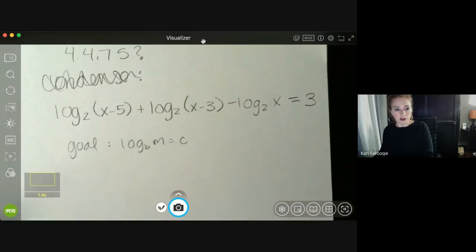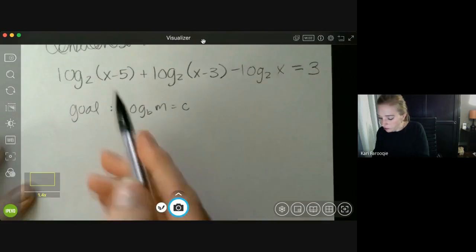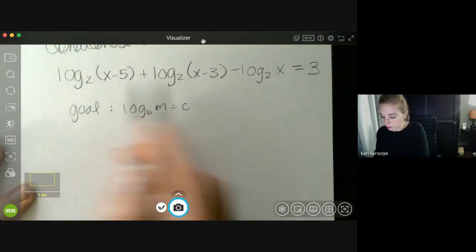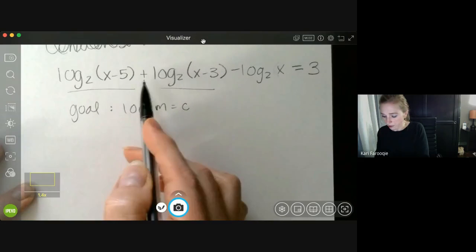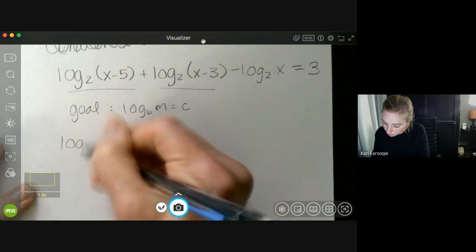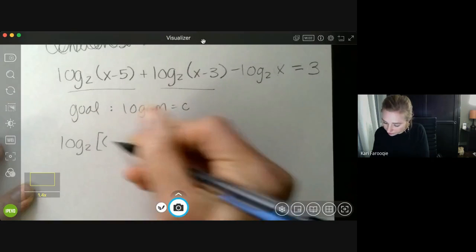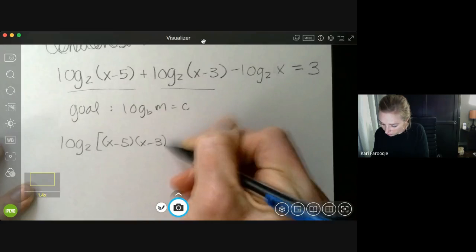So in order to do that, we need to get this written as one logarithm. So we're going to start working left to right, and we'll combine the first two first. And since you have the sum of two logs, you can change this to the log of a product. So we're going to change the first two terms to be log base 2 of (x minus 5) times (x minus 3).